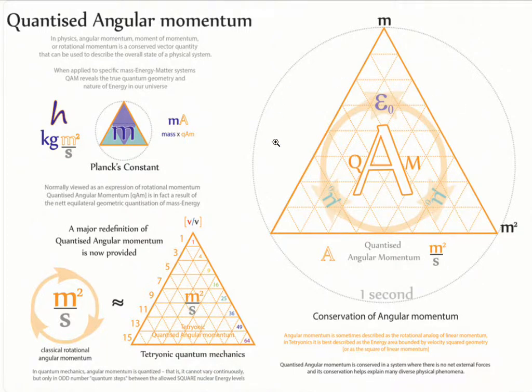So we have a clear contrast here with the classical interpretation of quantized angular momentum, which is a vector rotation about a point in one direction or the other, whereas Tetrionics now redefines this as quantized angular momentum to distinguish it from vector rotations, and shows that it is in fact a measure of equilateral geometries.